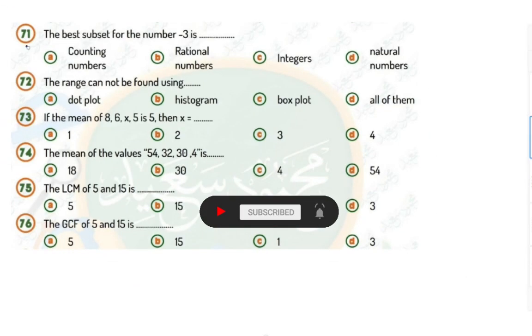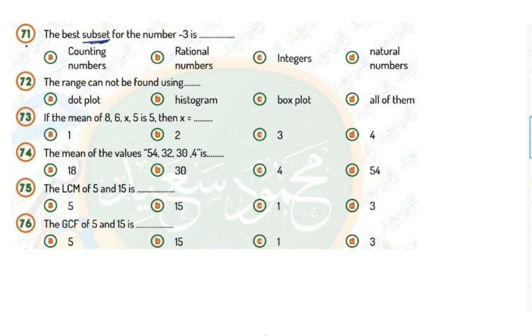Choose question number 71, the best subset for the number -3. You see this question asking you about a subset and some number. Here, arrange the grouping of numbers from the smallest to the greatest: counting, natural, integers, and finally rational.